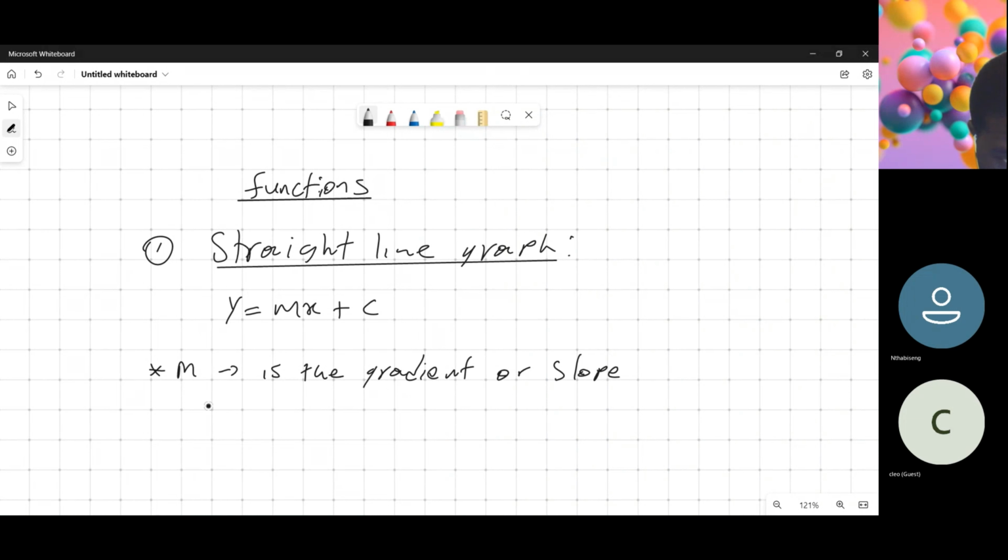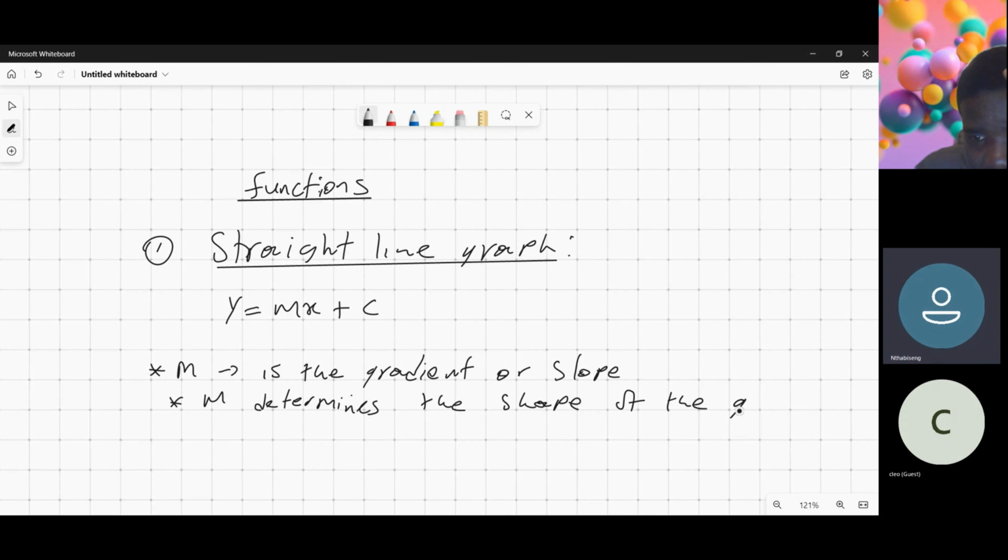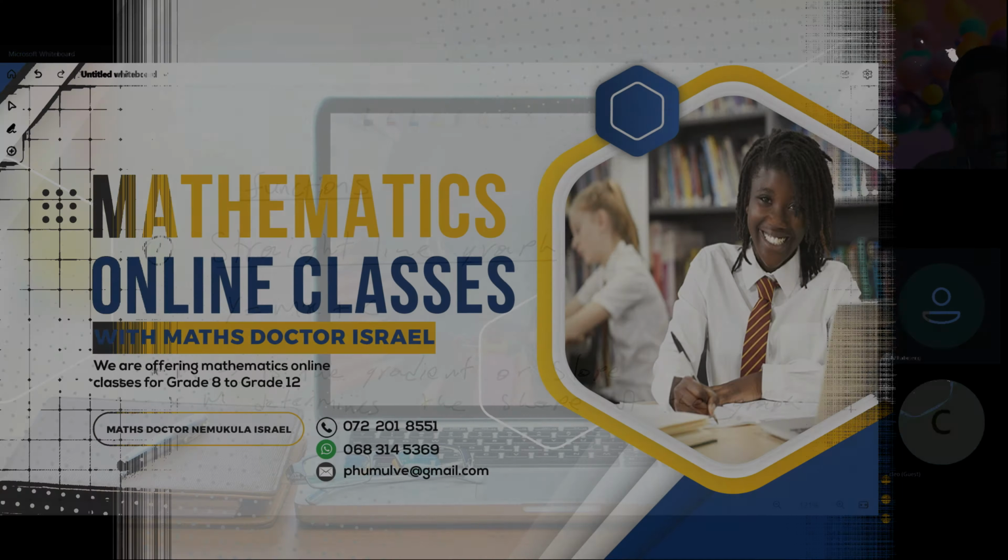Another thing about m is that m, the gradient, determines the shape of the graph.